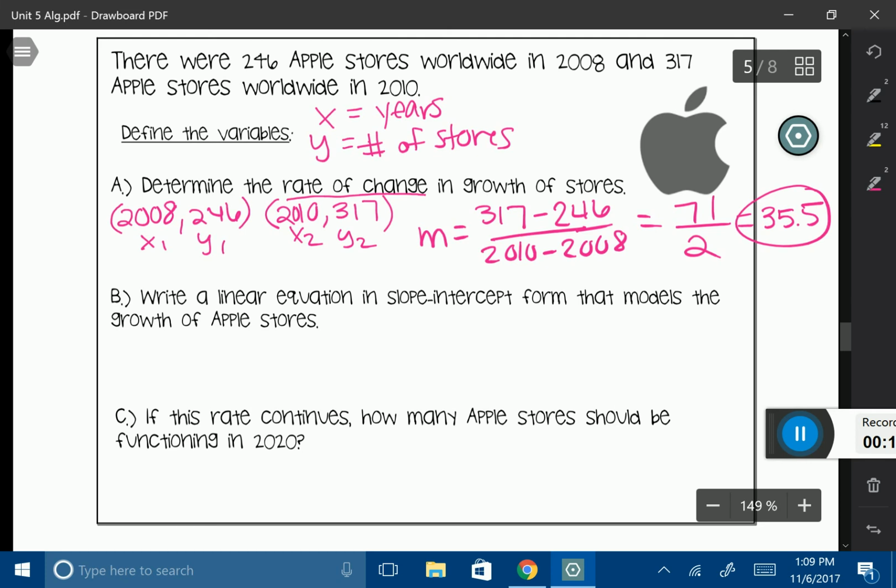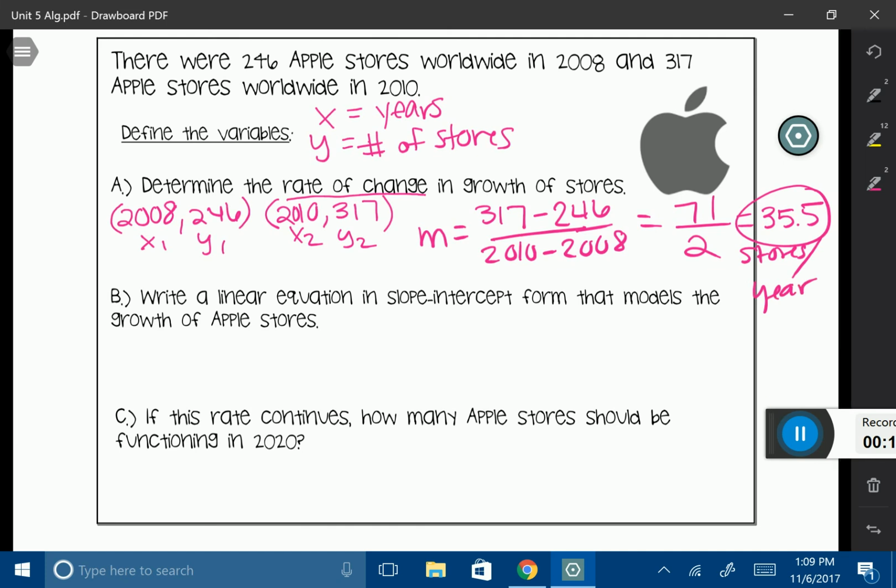That is going to be my rate of change. And what that's saying is it's going to be 35.5, I'm going to say stores per year. So on average, at this consistent pace, if it was linear data, there would be about 35.5 Apple stores opening per year.